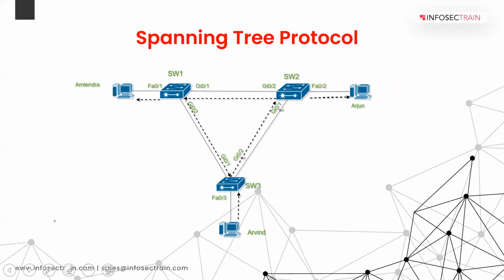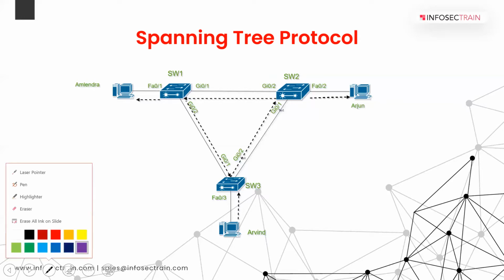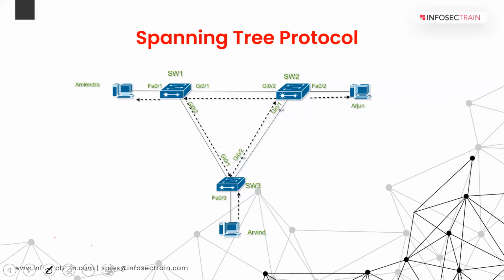Now, I'll tell you a very precious thing about switches: when a switch does not know where the device is, it just works as a hub, it broadcasts the data. So as we discussed, let's say this link is not working.